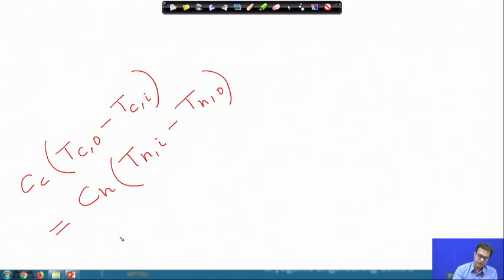From this relation we see that T_co is known, T_ci is known, all these temperatures are known, and we have also obtained C_c.